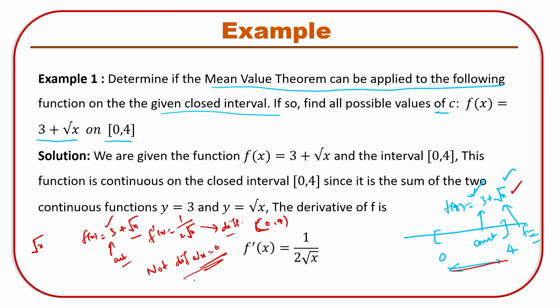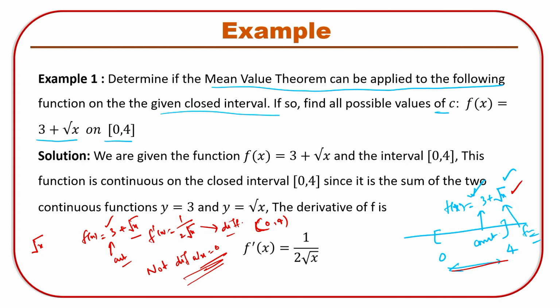The endpoints may be critical points for differentiability, and hence the function may not be differentiable at the endpoints. That's why the statement of the theorem always says that a function is differentiable in an open interval (a, b), not a closed interval. And this is one such example.